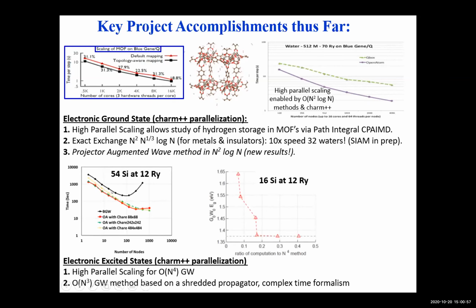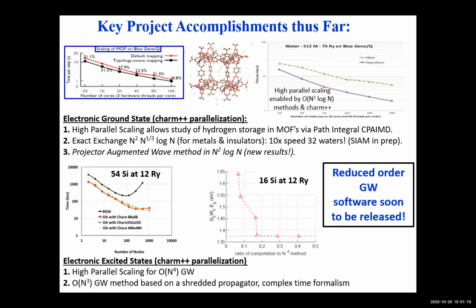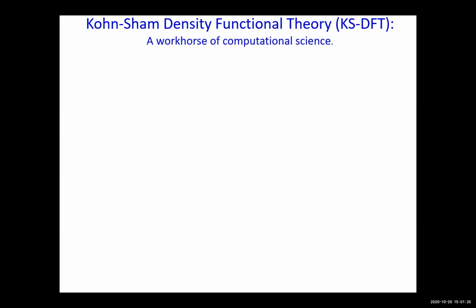That's led by his group, where we achieve much higher scaling compared to other people. And we've also recently developed an n cubed method, where n is the number of electrons in the system. And that paper just came out this year on the method, and the parallelization will be presented next. That software will be released, and you'll hear all about that next.